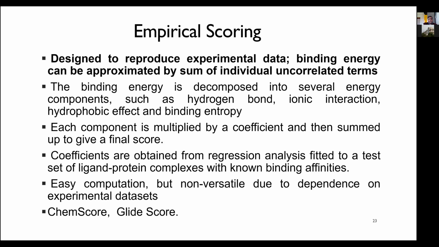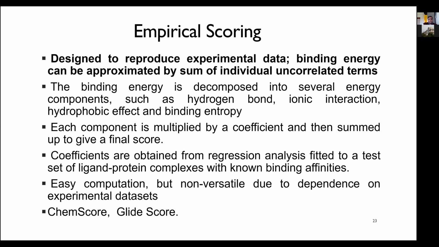Basically, what you are trying to do is reproduce experimental data, which is the binding affinity, in terms of an approximated sum of individual uncorrelated terms. What are these uncorrelated terms? Hydrogen bonding interactions, ionic interactions, hydrophobic effects, binding entropy, all these things.